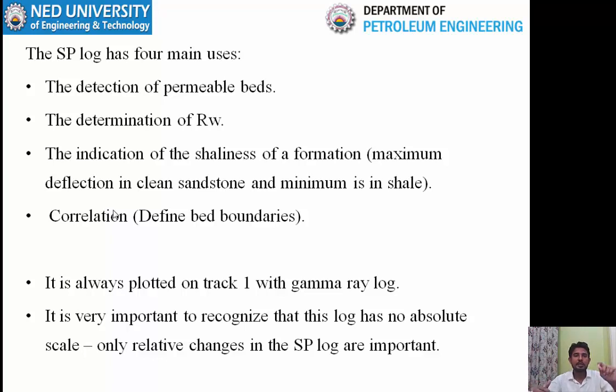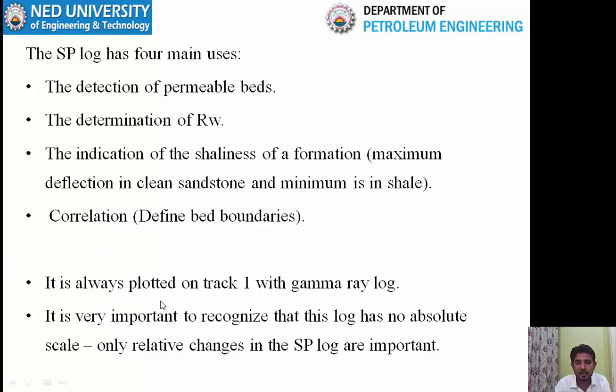So SP log can provide you this information, that for example, the sandstone in this well is at this depth, and similarly the sandstone in this well is at this depth. So the sequence of lithology of different wells in a given formation can be correlated through the SP log.